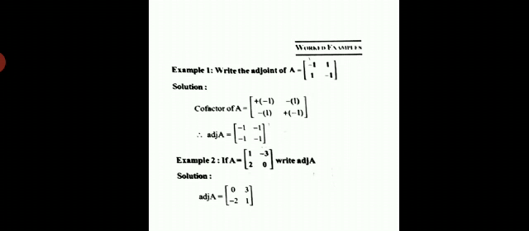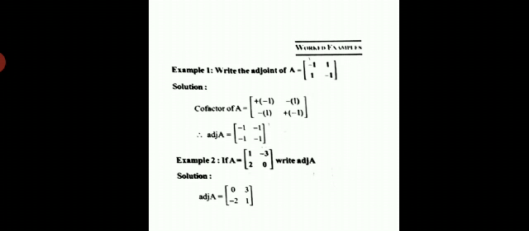You can simply write it as interchanging the leading elements, that is minus 1 and minus 1 in the leading diagonal. After interchanging, we get the same number. And the other diagonal elements are 1 and 1. If you change the sign, plus will become minus. So we get minus 1 in the other diagonal elements.